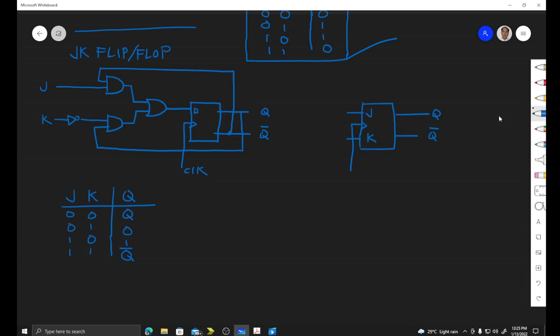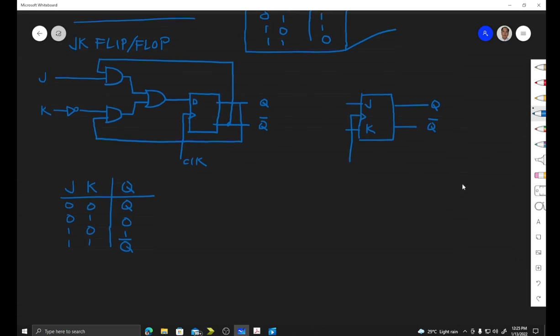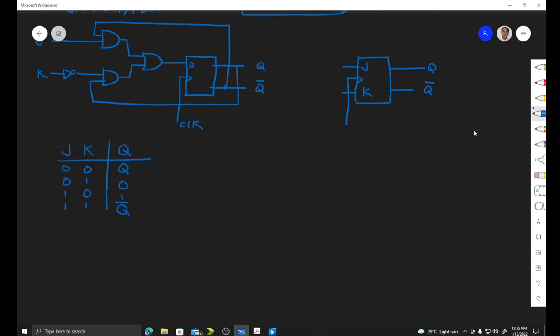For the excitation table of our JK, we can derive that using the state Q and the inputs JK.